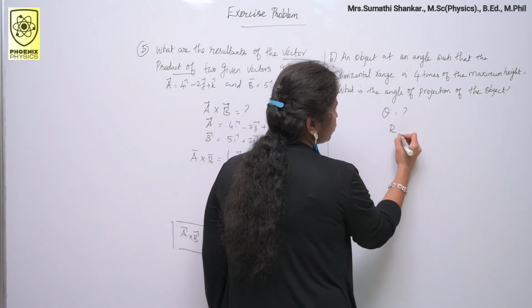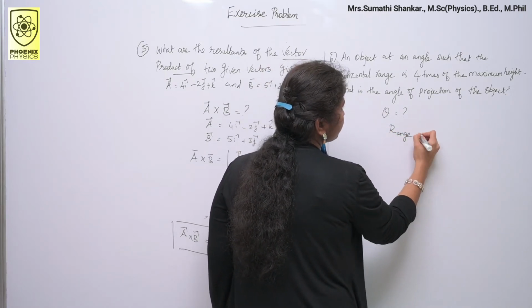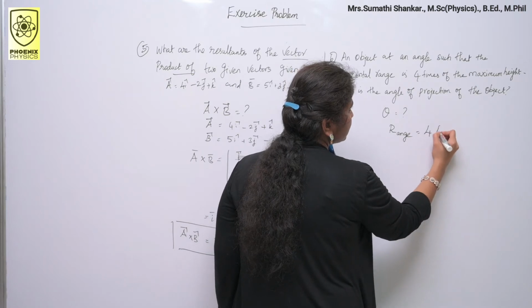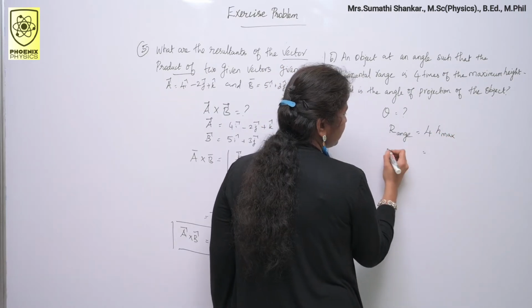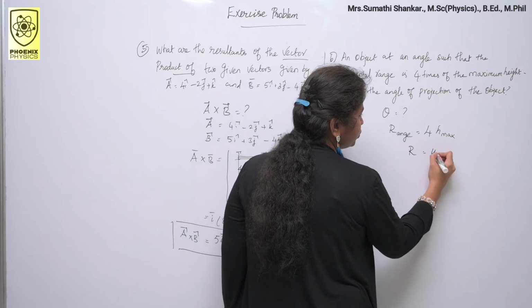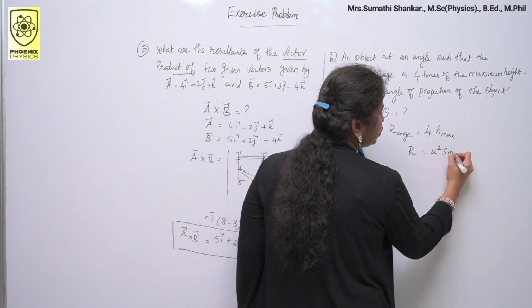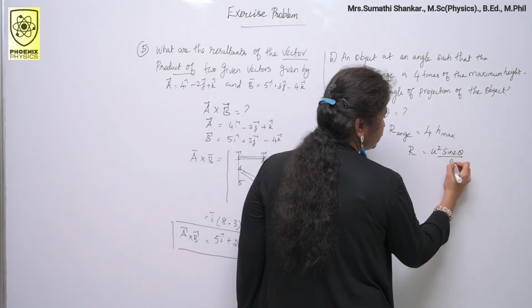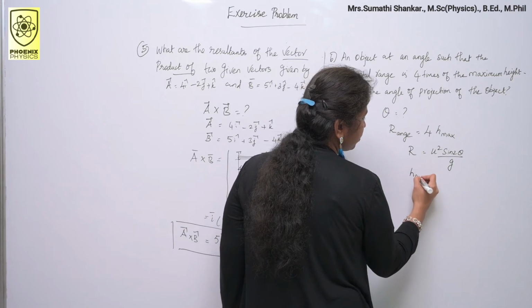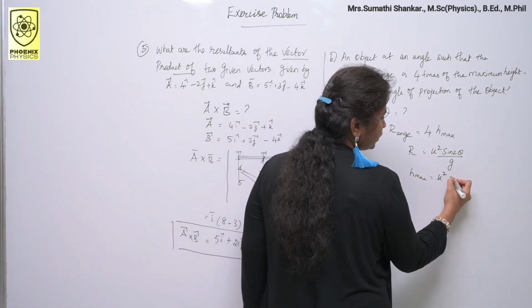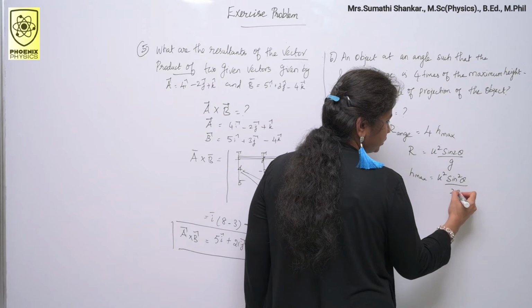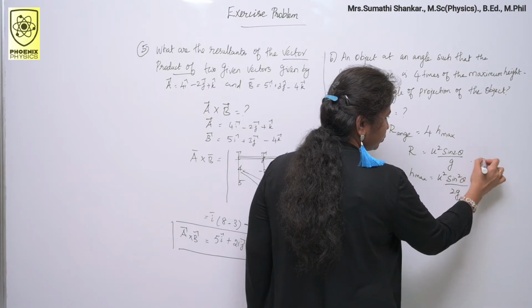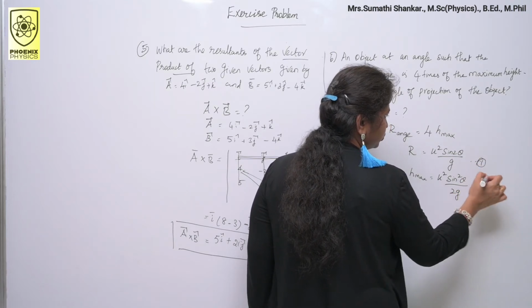Horizontal range, so range is equal to 4 times maximum height, that is H max. The range formula: range R is equal to U square sine 2 theta divided by G. The H max formula is U square sine square theta divided by 2G. This is equation 1 and this is equation 2.